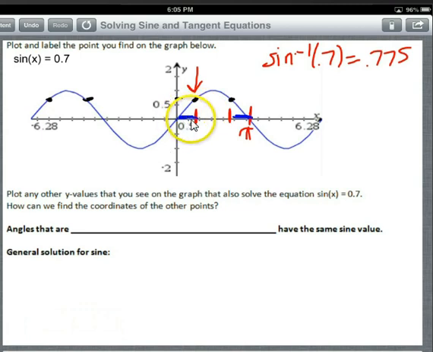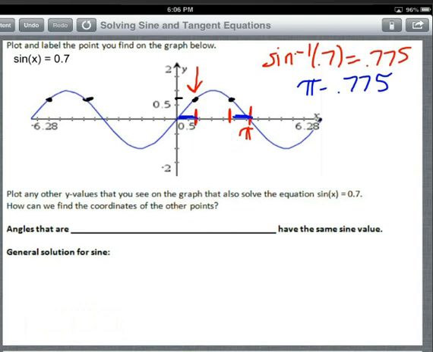So if this distance is 0.775, this distance here is also 0.775. So I can figure out this angle by saying this is pi minus 0.775.